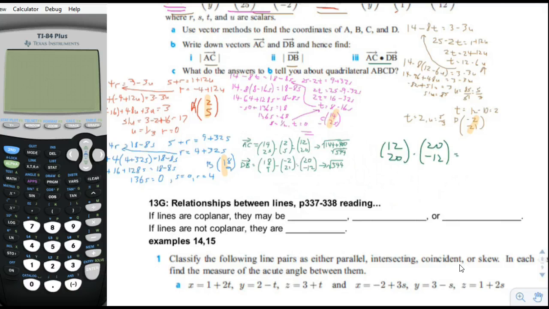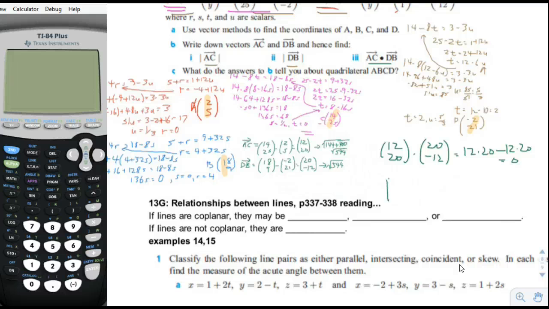And we can see right now that that's going to be equal to 0, because 12 times 20 minus 12 times 20 is going to be 0. Okay, so that means that AC and DB are actually at 90 degrees to each other.